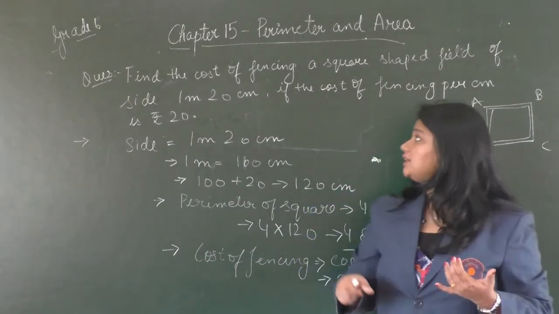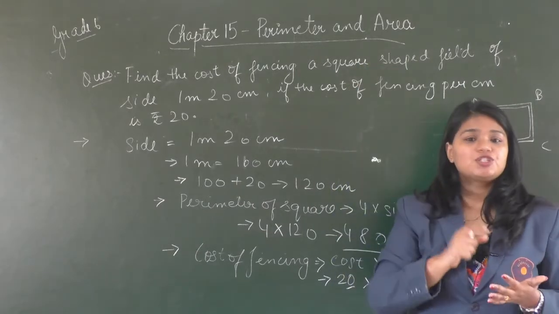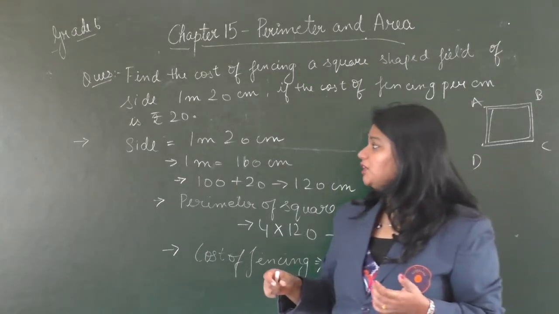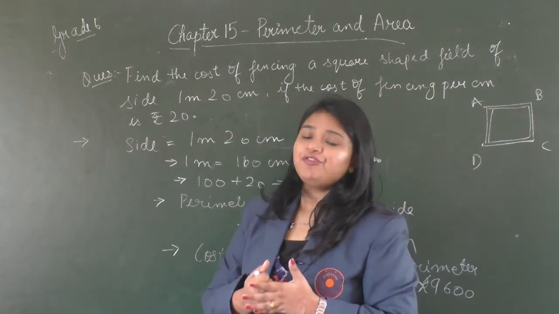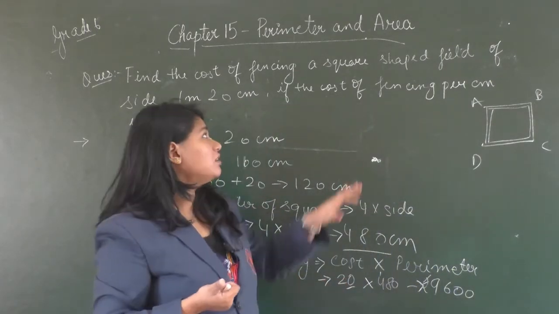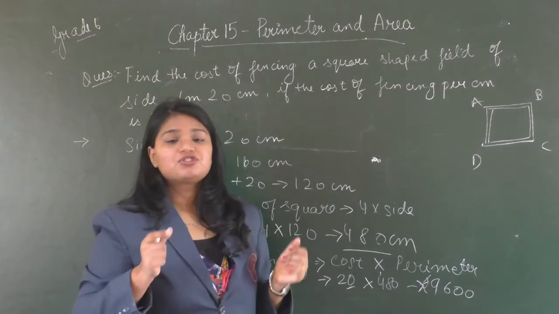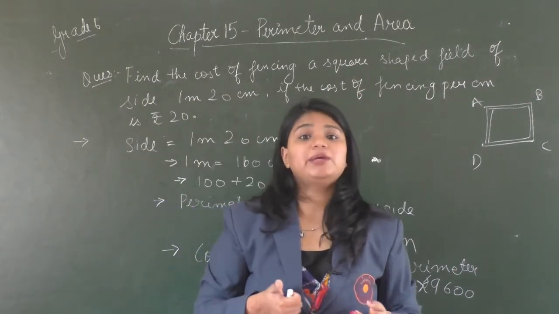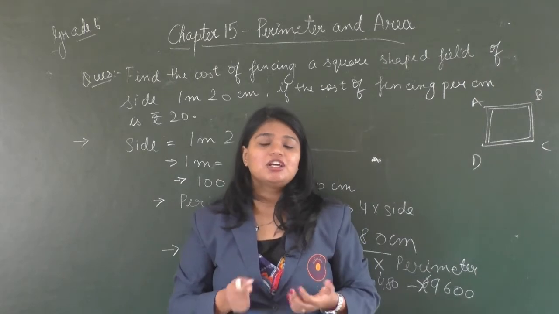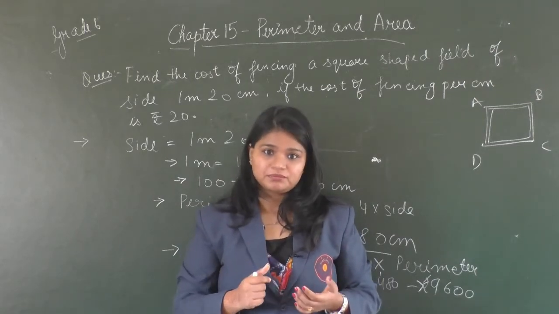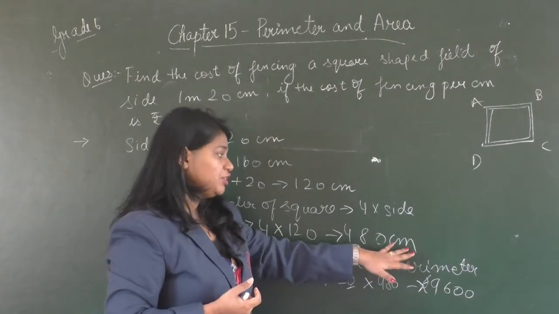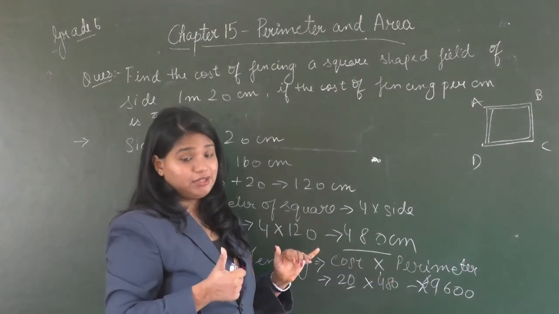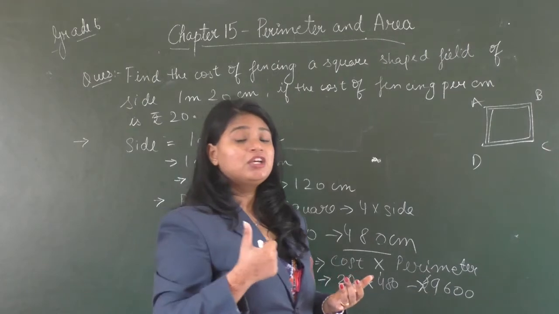So in such questions, first what you will do, you will find the perimeter. Now here we had a square shaped field, so I have used the formula for perimeter of a square, that is 4 into side. If here for example we had a rectangular field, you would have used the formula for perimeter of a rectangle, that is 2 into L plus B. So after finding the perimeter of the field, here the perimeter was 480 centimeter, then we will find the cost.